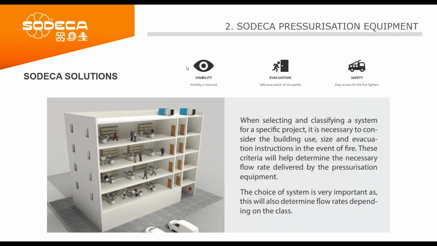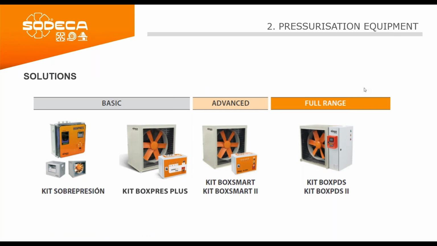And now I'm going to talk a little bit about the SODECA solutions for pressurization systems. We have three different ranges of product: the basic, the advanced, and what we call the full range. In the basic, we have this kit sobrepresión.